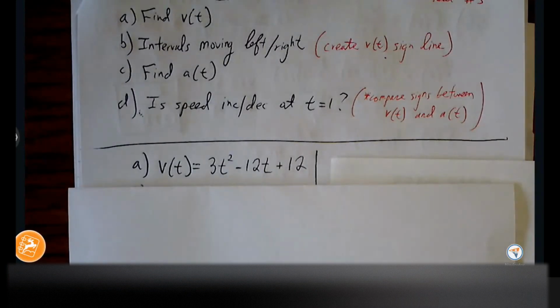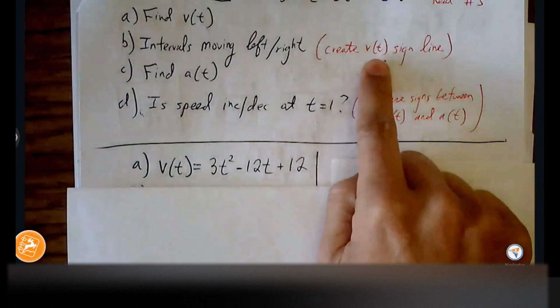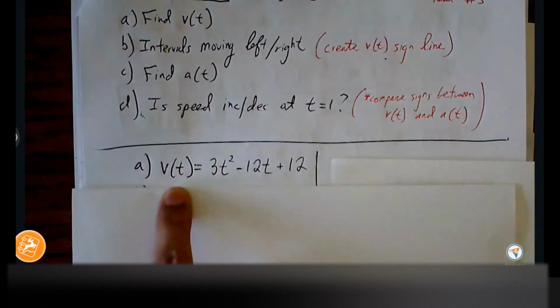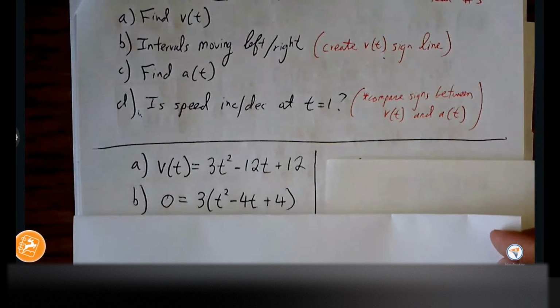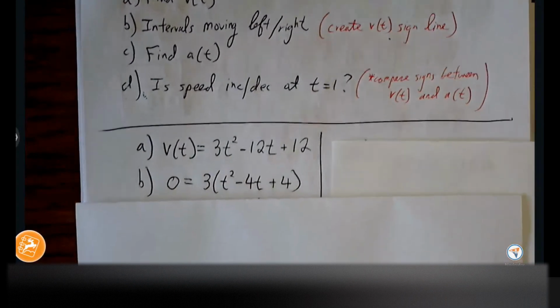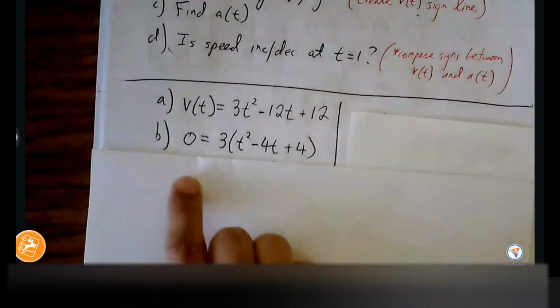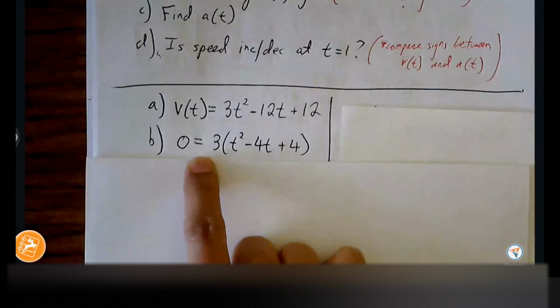Part B, we want to find intervals moving left or right. So we're going to create our velocity sign line. To do that, we're going to set velocity equal to 0 and find the critical point there. I'm going to begin factoring. I factor out a 3.